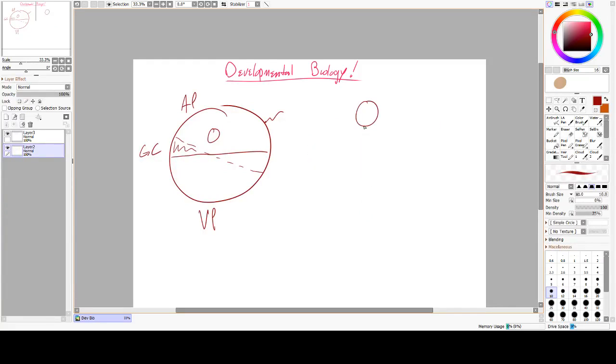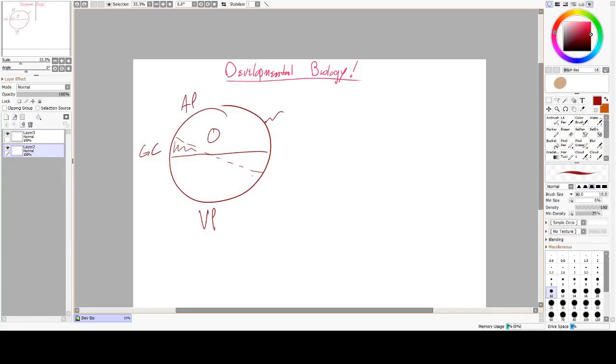With a human, drawing them from the side, arms, legs: this is the dorsal side, and this is the ventral side. So it's pretty similar, just imagine the organism being upright. So the gray crescent forms, and that determines the dorsal and ventral side of the organism. It is pretty much where the sperm enters.